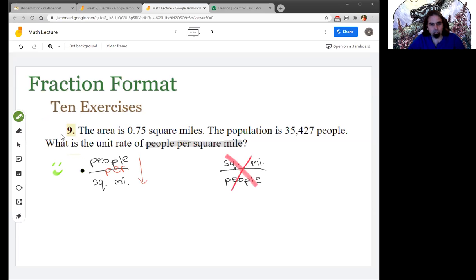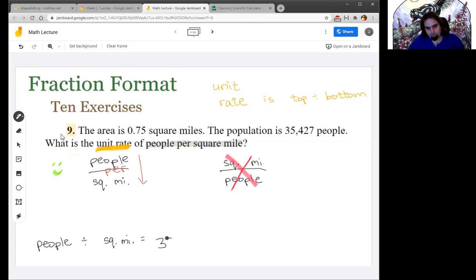Okay, so unit rate is top divided by bottom. The first step was just to figure out which one was on top. So there we go. Now I want people divided by square miles.